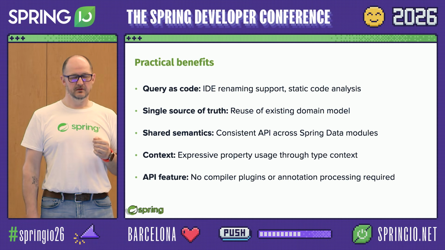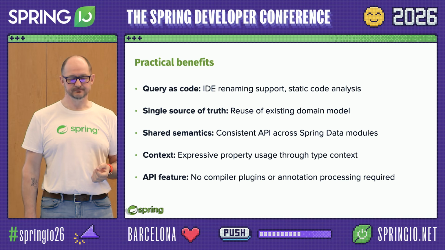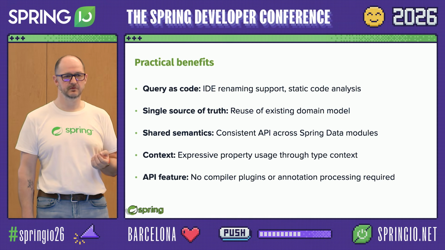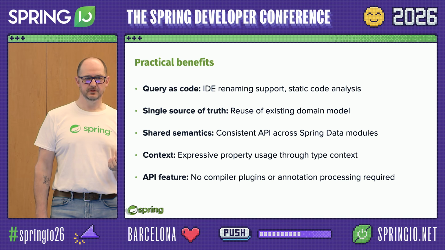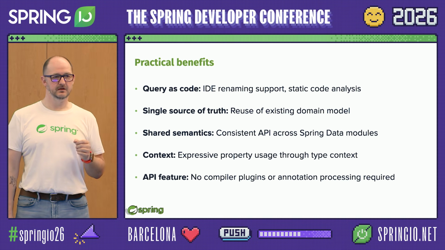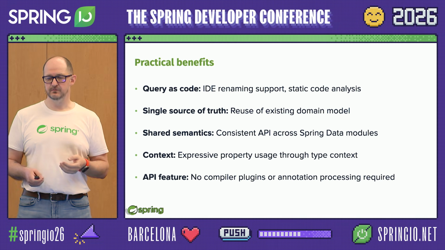I've been talking quite a bit about type context and type references. Previously, when expressing a property through a string, we don't have any typing information attached. We just have the bare name of the property. With type property paths, that's going to change. We suddenly get a type context that we can leverage in various ways.